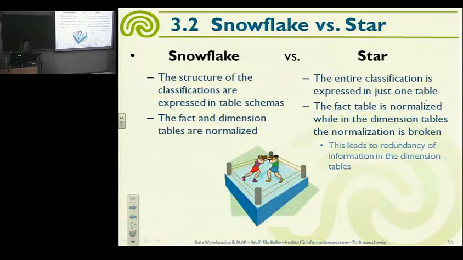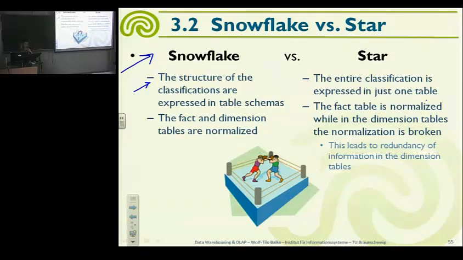If you want a comparison as a summary of the snowflake and the star schema: with the snowflake, the structure of the schema gives you, like I said, the one-to-one mapping. So you actually see the classification hierarchy that you had in the multi-dimensional model, because each of these granularities in a dimension is represented by a table.